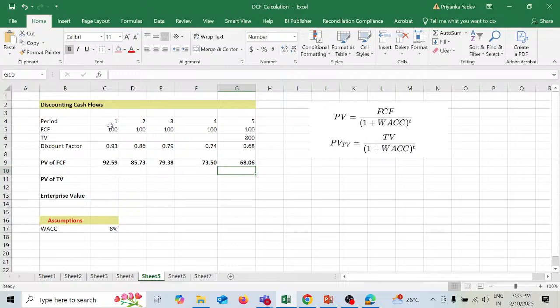You can see the discounted value in the first year is greater than in the 5th year. This is the idea on which the whole discounted cash flow works: the value of money reduces as the number of years increases. Now we'll calculate the present value of the terminal value.